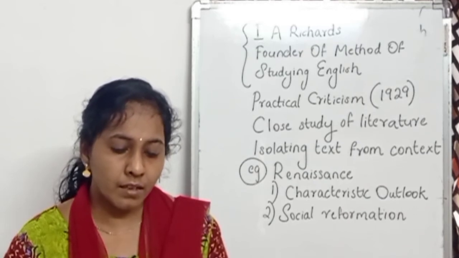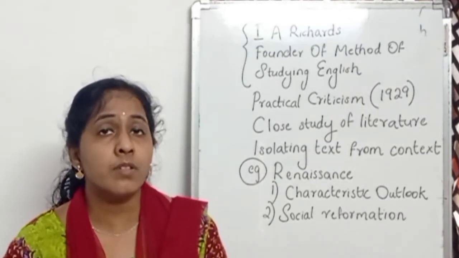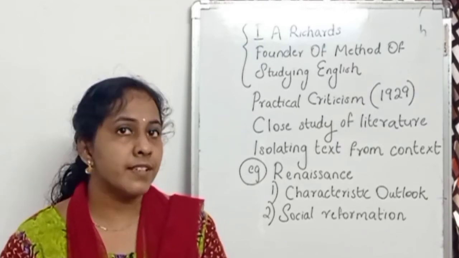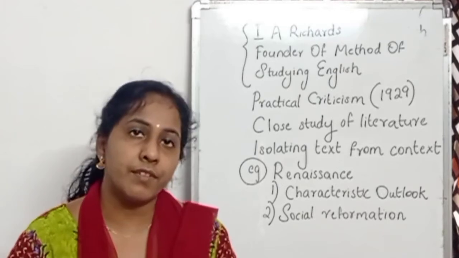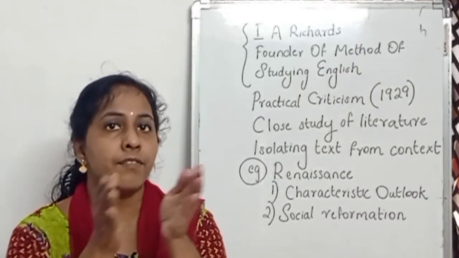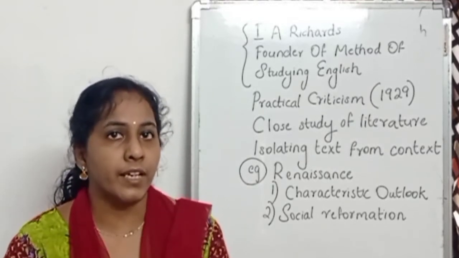This technique makes a close study of literature possible. One of the facets of liberal humanism, as we came across earlier, is that you have to separate the text from the context. That is the close study or close reading of the text.